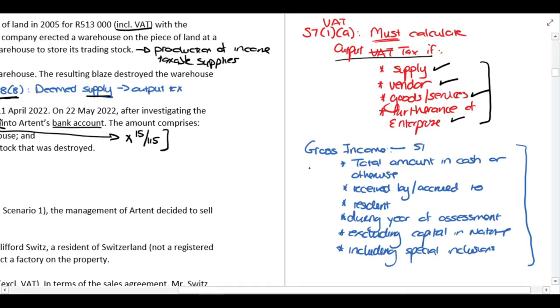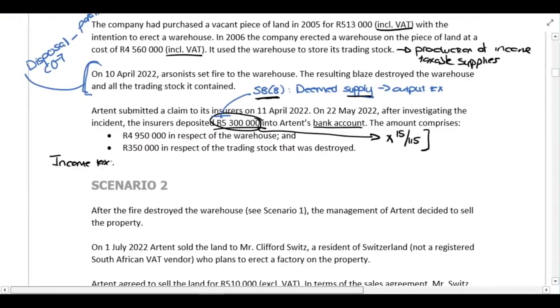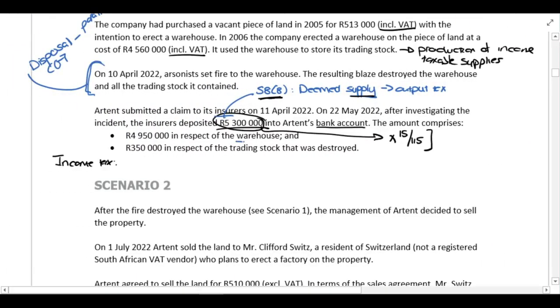Sometimes the answer is quite quick. We know a sale is gross income. We know a salary that you receive is gross income. But sometimes it can be a little bit more complicated. But this is how they test gross income in exams. So you need to ask yourself, will this amount that we receive for the warehouse be gross income? Will this amount for the trading stock be gross income?